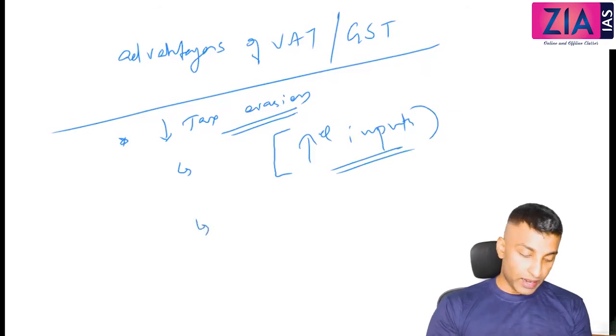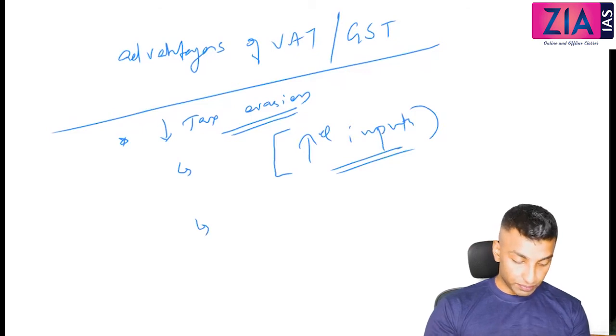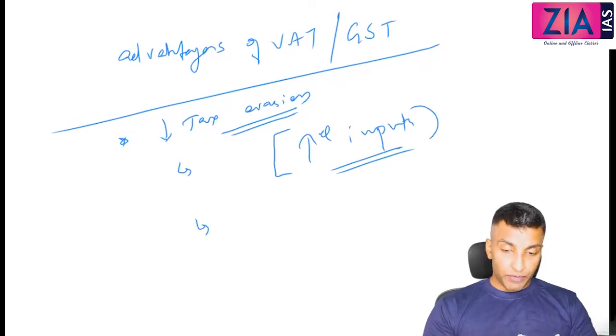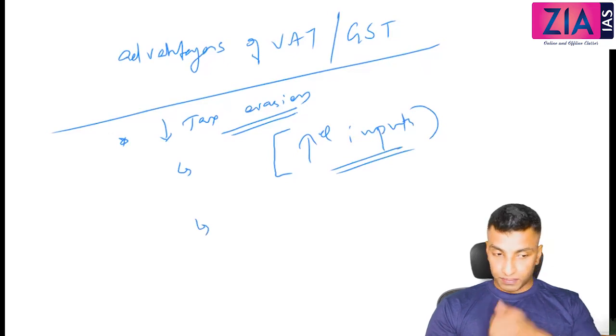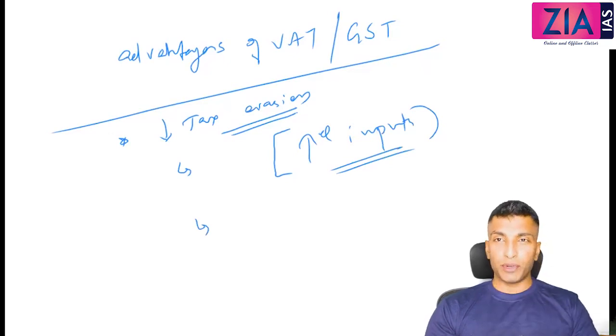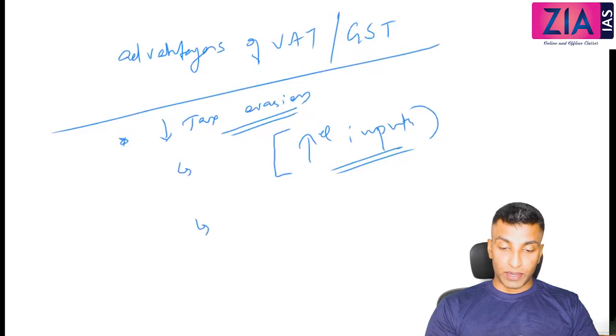And one more reason you can write: it reduces effective burden of tax on firms, which improves or encourages voluntary tax compliance. Why will it encourage voluntary tax compliance?